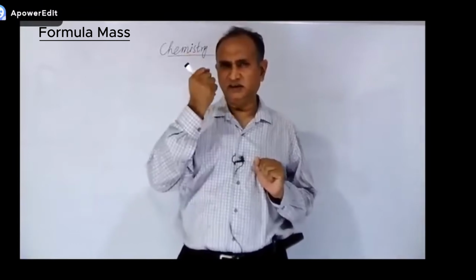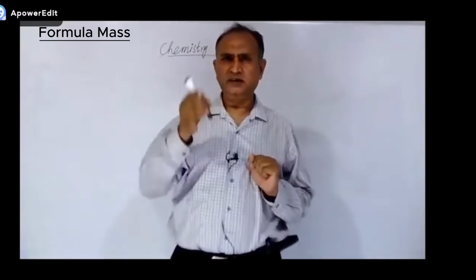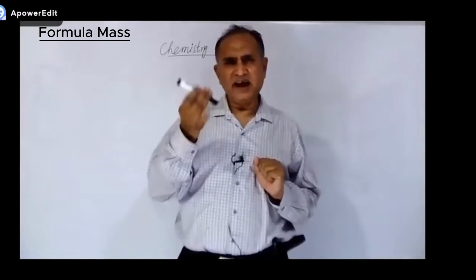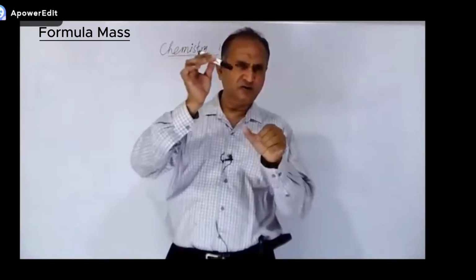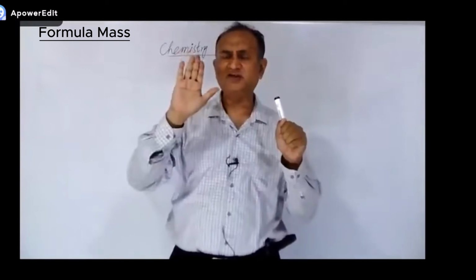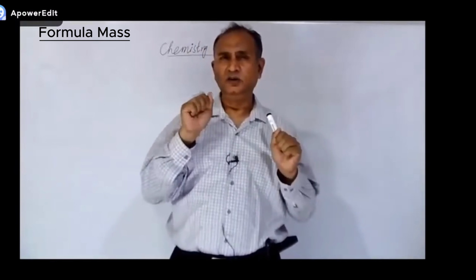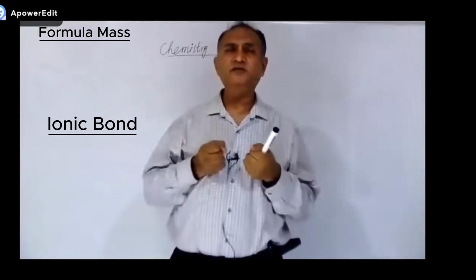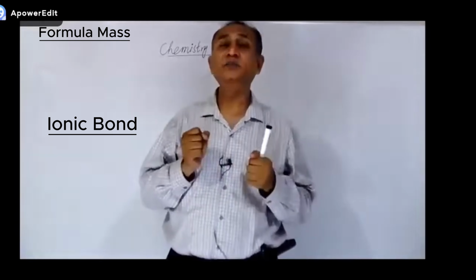So if this is a metal like sodium, this metal atom can give its electron to the other non-metal atom. This metal atom has lost an electron. This non-metal atom gained an electron. Losing, gaining, transference. This type of bond, this type of linkage, is called ionic bond.